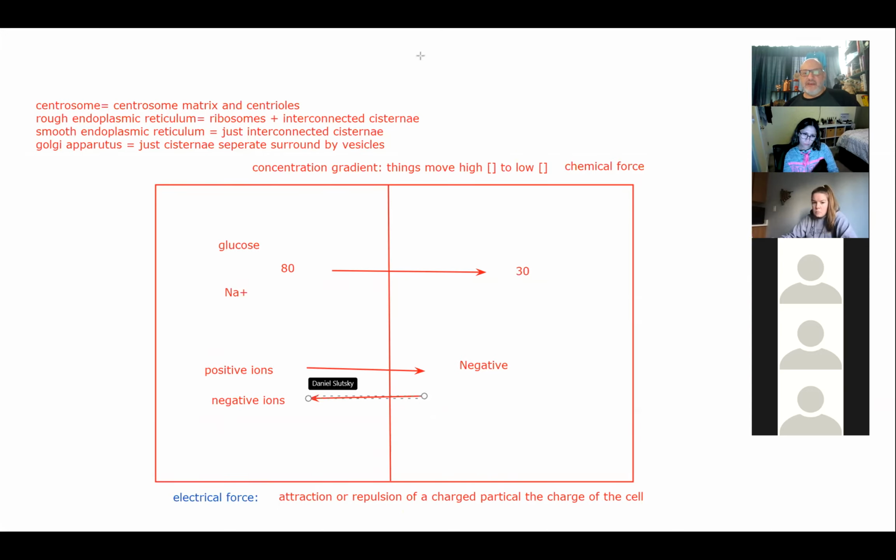And obviously, the greater the charge is here, or remember, I keep saying charge, but really, we're talking about membrane potential.